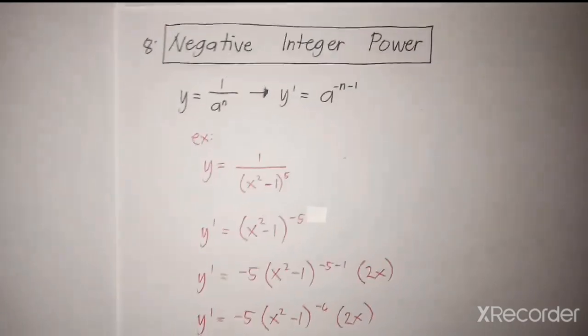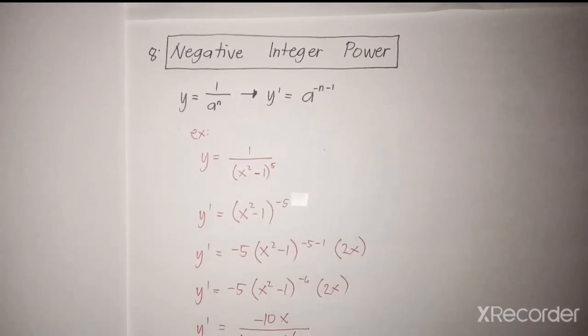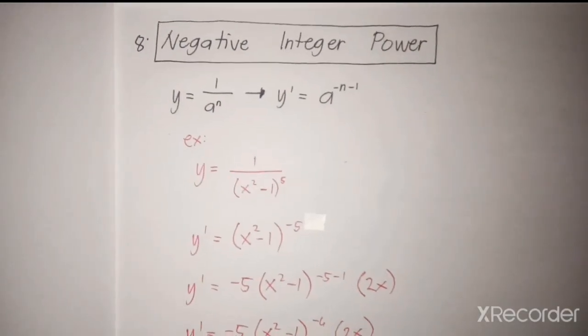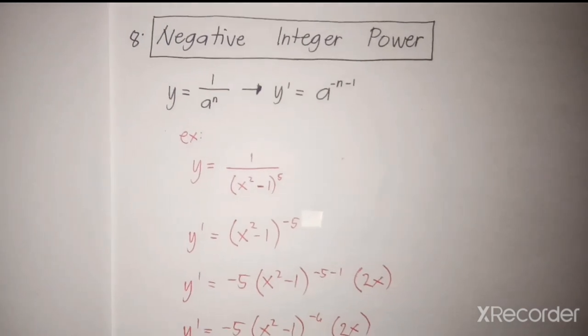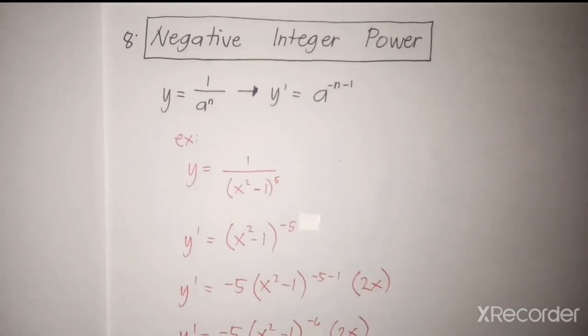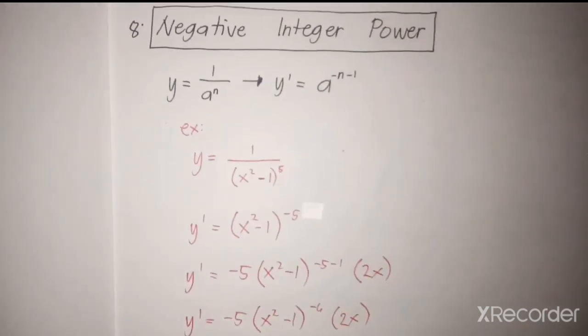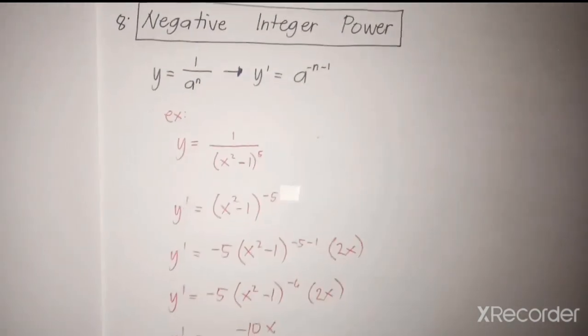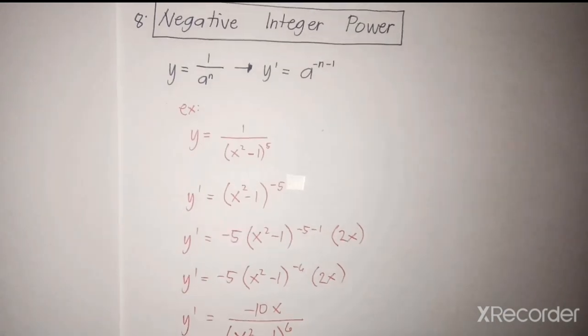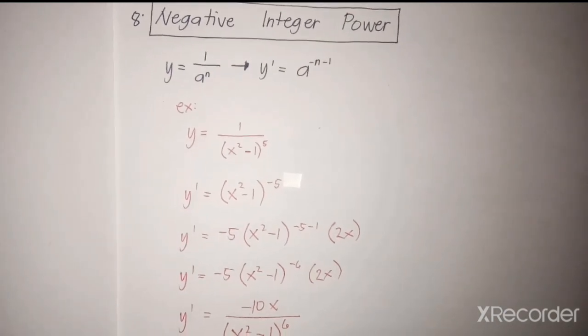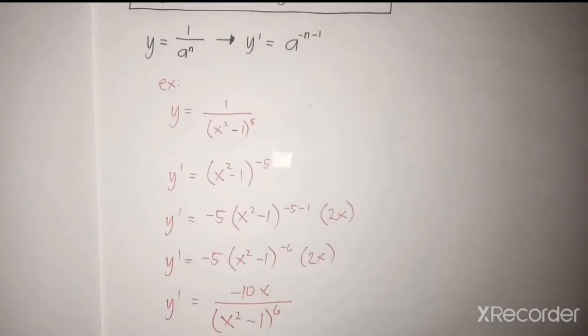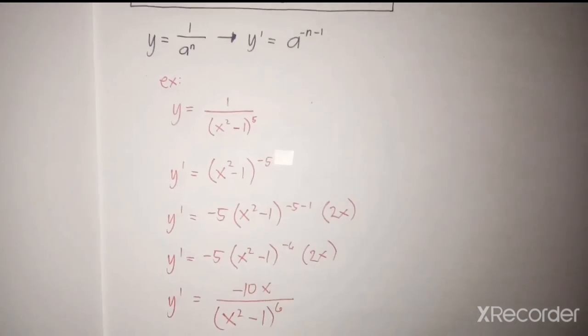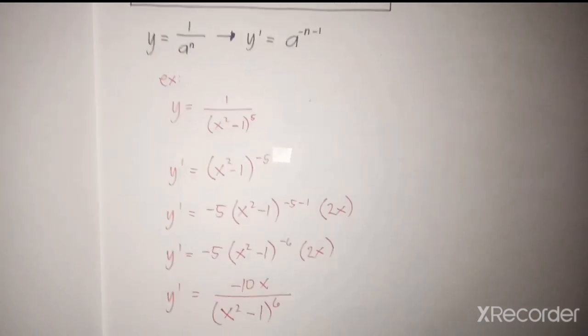And the last rule for calculating derivatives is the negative integer power, where y is equal to 1 over a to the power of n, then y prime is equal to a to the power of negative n minus 1. Example: y is equal to 1 over the quantity of x squared minus 1 to the power of 5. Y prime is equal to the quantity of x squared minus 1 to the power of negative 5.